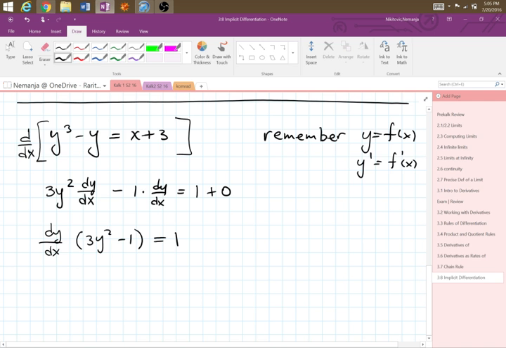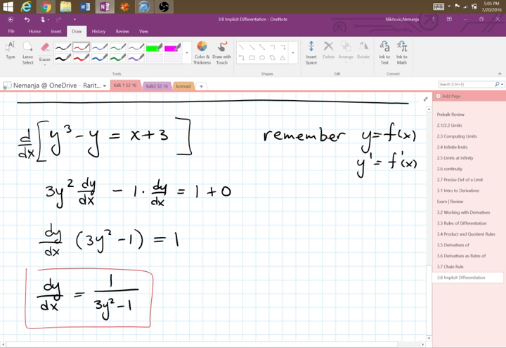And to get dy/dx alone, we simply divide by 3y squared minus 1. And ta-da! That would be our derivative. So now if I have x and y, I can compute the value of the derivative, which gives a slope, and then further we can find the tangent line.